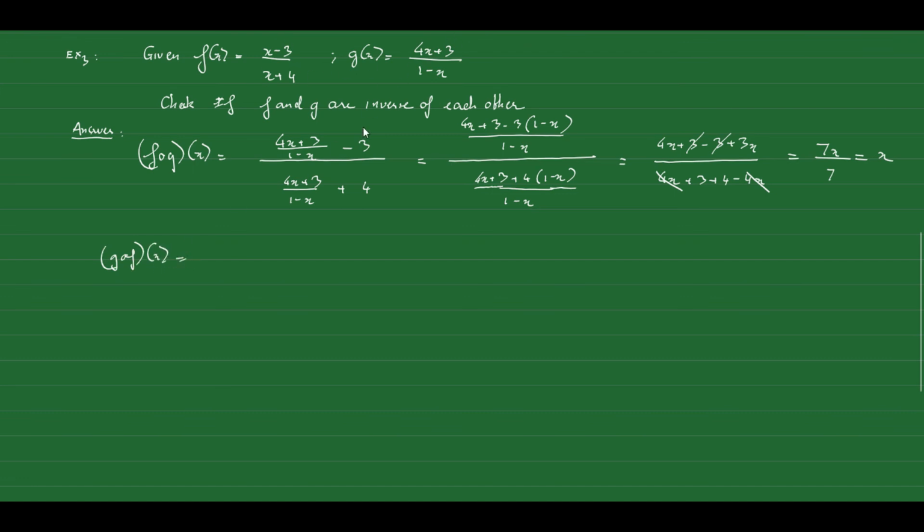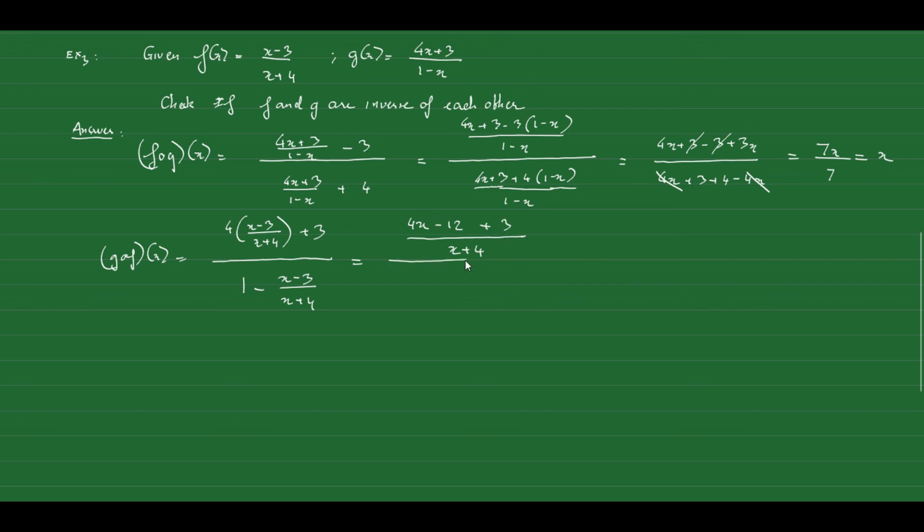So this into this. So I have 4 times (x minus 3)/(x plus 4) plus 3 over 1 minus (x minus 3)/(x plus 4). Finding your LCD. So x plus 4 times 4x minus 12 plus 3.